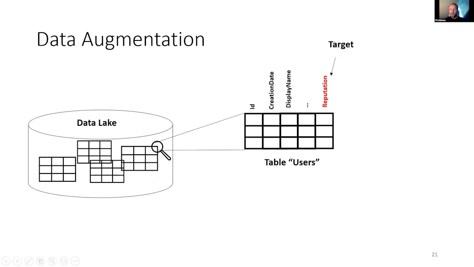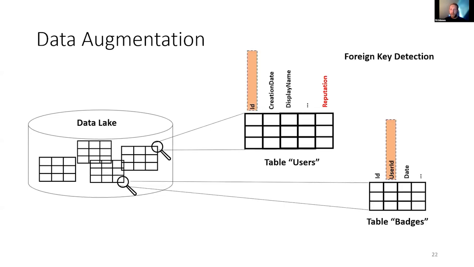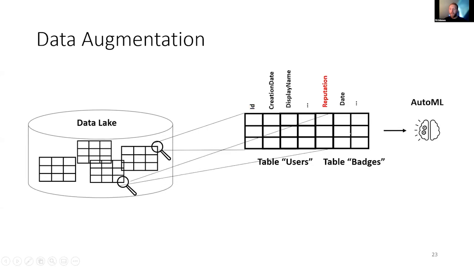It's like an online forum, and there are users who have a reputation, and we want to build a machine learning model predicting those. There might be other tables like this badges table, where users get badges for certain achievements. And there's a relation between them, right? This user ID here suggests we can join them. We can join the badges with the users table, and then we have additional features which will hopefully increase the accuracy of our machine learning model.